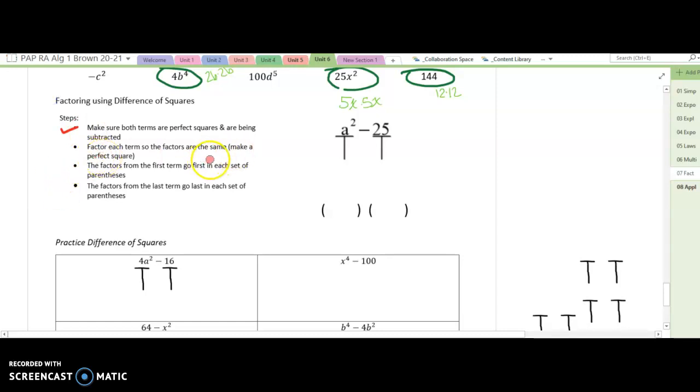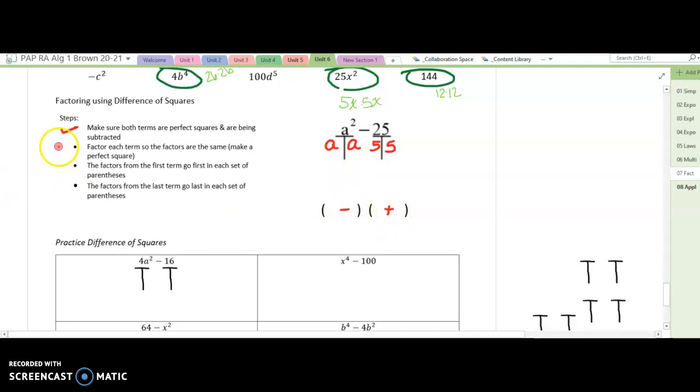We have to factor each term so the factors are the same. That's why we made sure they were perfect squares. I have a squared, so I have an a and an a. A times a gives me a squared. 5 times 5 gives me the 25. One of these has to be a negative, one of them has to be a positive.